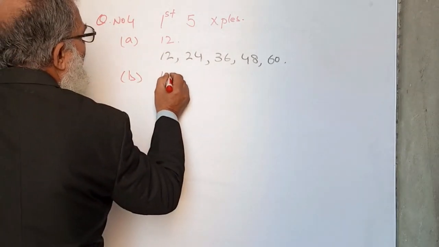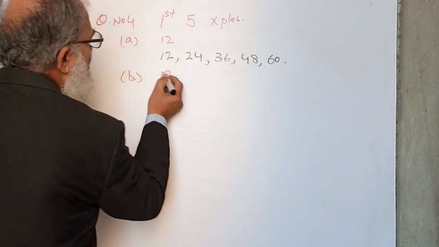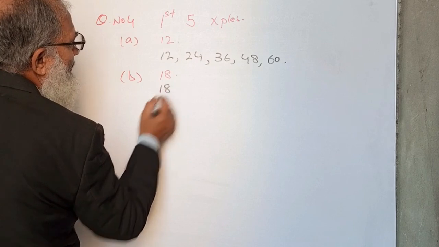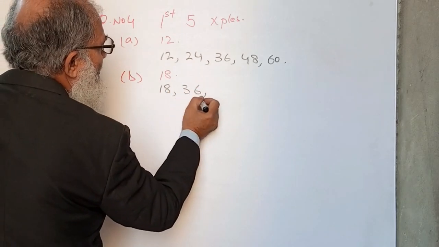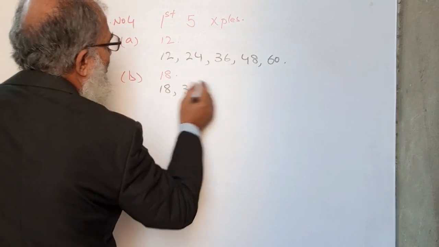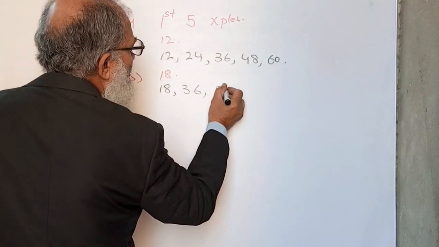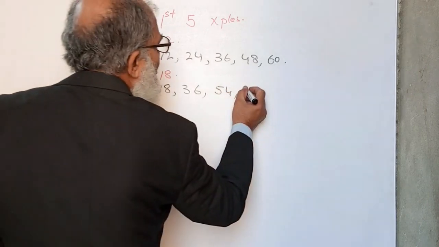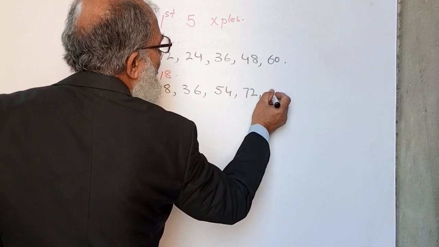B is 18. Similarly, 18 is the first multiple, 36 is the second multiple, 54 is the third multiple, 72 and 90.